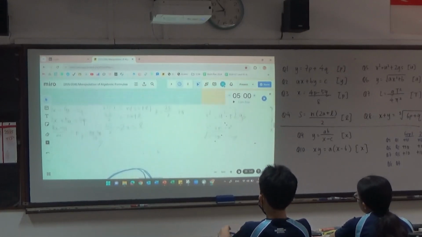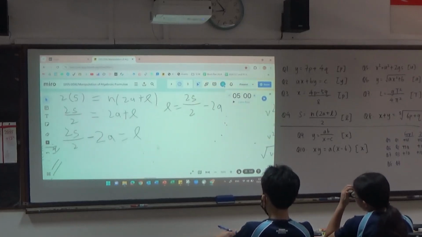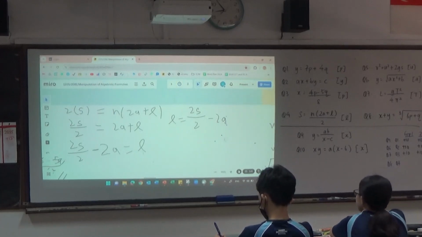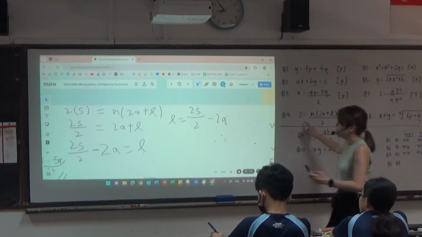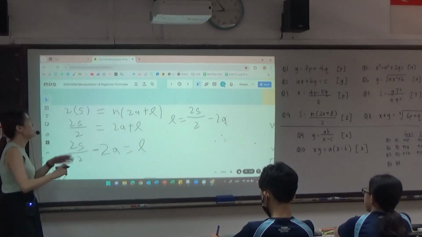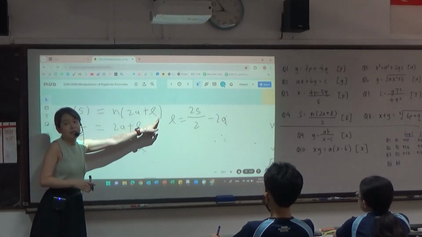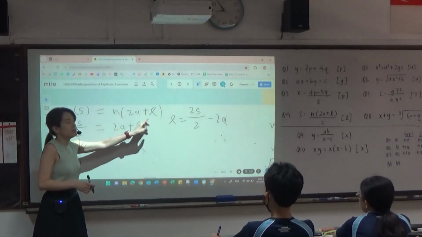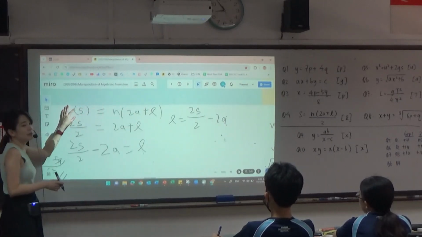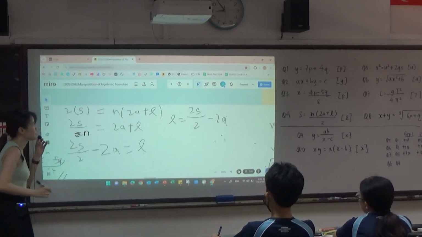Group 1 gave a slightly different answer, so let's see how they got this. Here we also have multiplying 2 over to the left, getting this. But what this person decided not to do was the expansion. They just saw that since this is n times this entire thing, I can divide the n over. So it should actually be an n over here, not a 2.